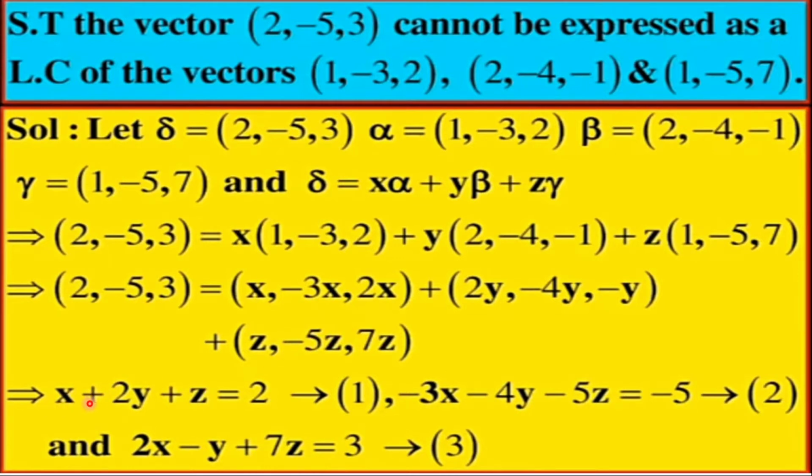On equating, x plus 2y plus z equals 2, denoted by equation 1; -3x minus 4y minus 5z equals -5, denoted by equation 2; and 2x minus y plus 7z equals 3, that is equation 3.